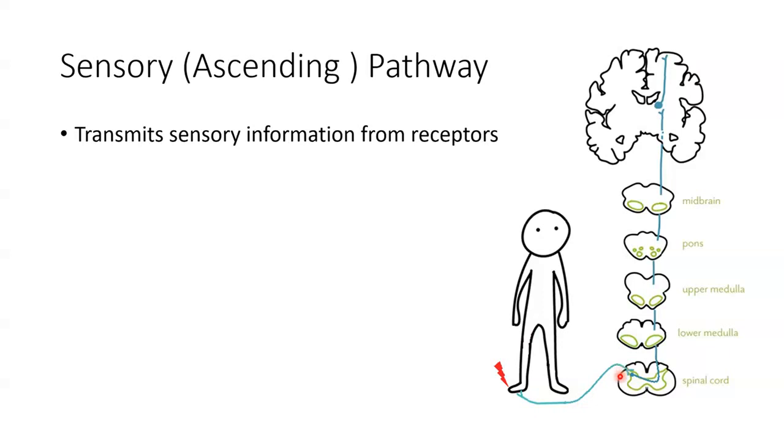In the spinal cord, it will synapse, which just means meet with another neuron. Before it decussates or crosses over, it then runs up the spinal cord into the brainstem where it eventually reaches the thalamus. From the thalamus, we have another neuron which projects to our primary somatosensory cortex, and that's where this sensation is perceived.